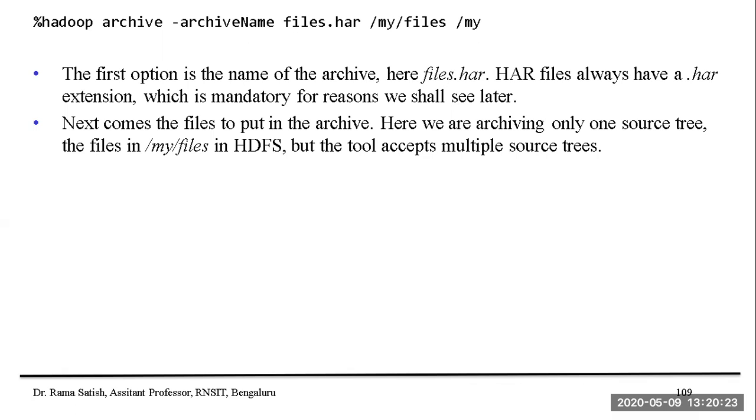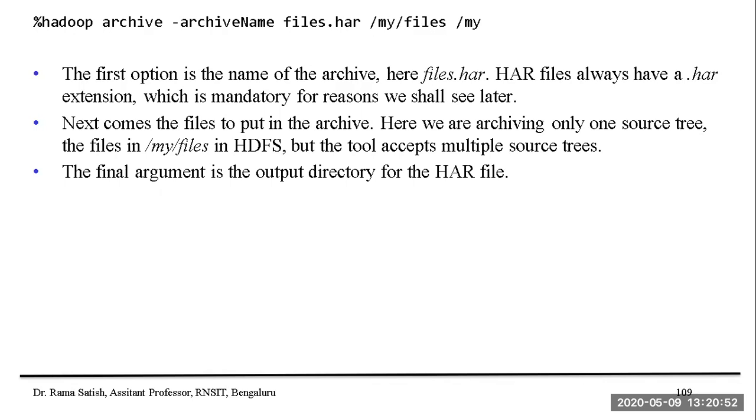We have only one source tree here, /my/files, but the tool accepts multiple source trees, so you can write any number of file trees. If you just write the folder name, automatically all the files in the folder will be taken for archiving.